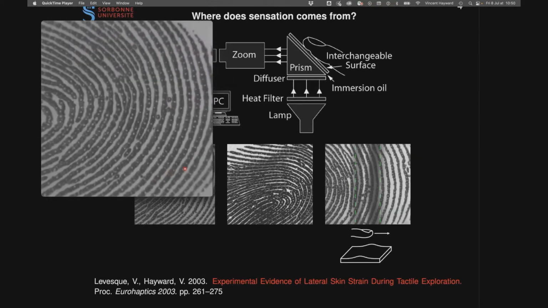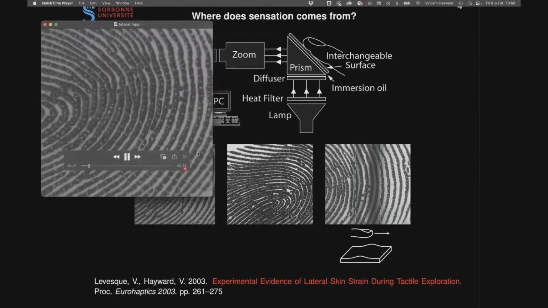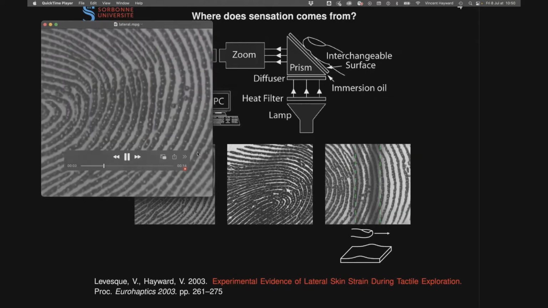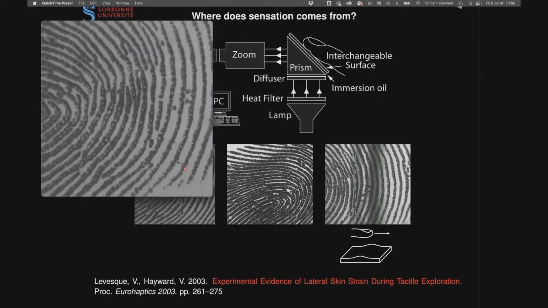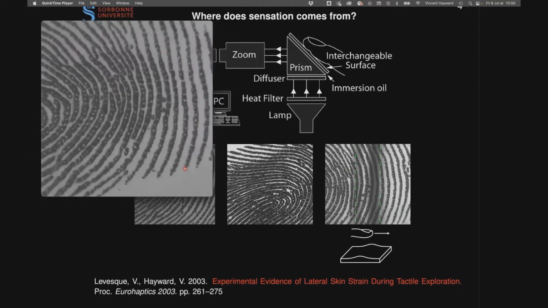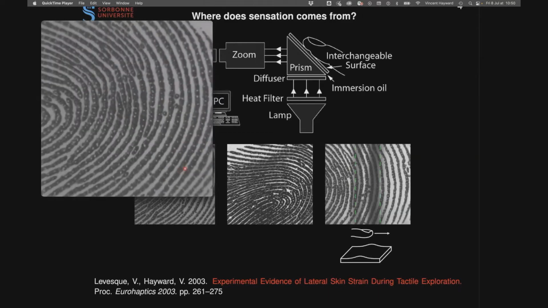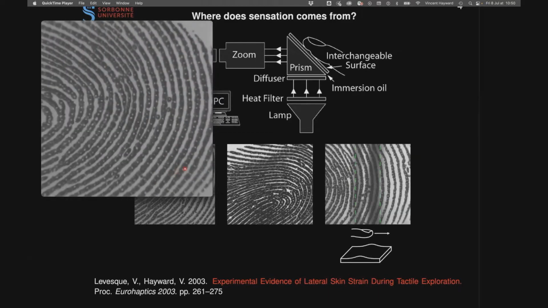As you can observe, they are anything but simple, but they do have some characteristic patterns: the periphery of the sliding surface slides before the central region, and there's a dynamic which is a function both of the materials in contact, the skin against the glass, and the movement that you do.